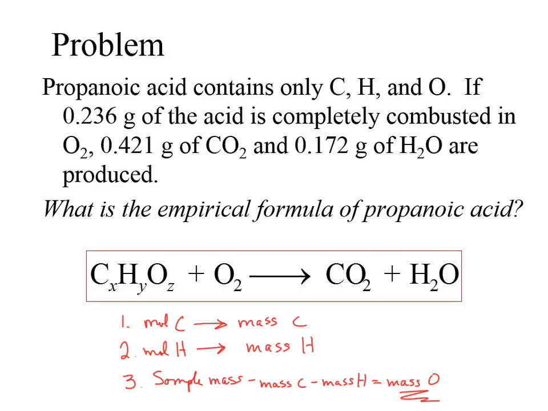So that's kind of where we're at, and I bet you guys could find your way from there. If you get mass of oxygen that was in the sample that you burned, you can convert that mass to moles. And bada boom, you have moles of everything now. You have moles of carbon and hydrogen from earlier, and now you have moles of oxygen.